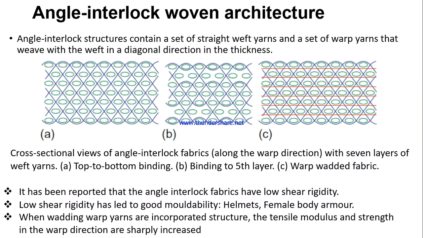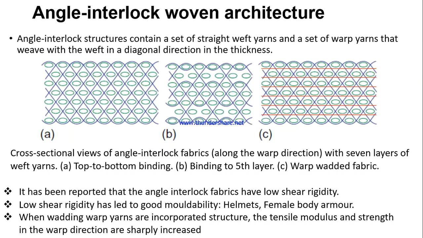This angular or angle interlock 3D woven structure is useful for making composites. Okay, because this can be molded easily, this can be folded easily into any shape. Okay, and even the structure is an integrated structure and is much strong in nature. So that's why for making the composites for helmet and body armor, this kind of angle interlock structure is very useful.